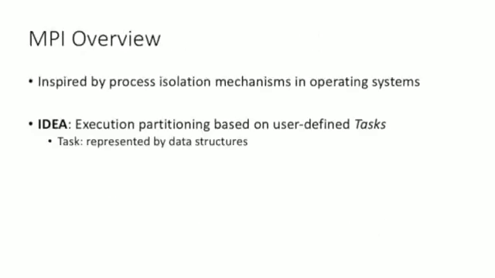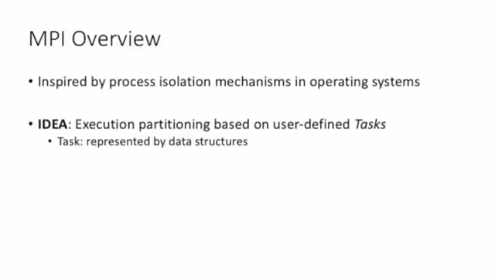MPI is proposed based on the desired goals we want. It's actually inspired by the process isolation mechanism in current operating systems. The basic idea is to let the investigator define what you want to trace. What is the execution unit you want in this program?